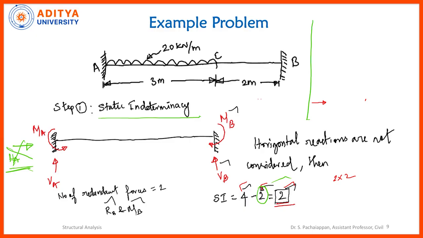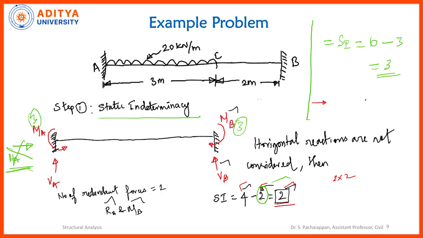To avoid confusion, you consider the horizontal reaction also. So, here 3 forces will be there, and here 3 forces will be there. What is the degree of static indeterminacy? Static indeterminacy is equal to the number of unknown forces, 6, minus the number of equilibrium equations, 3, so it will become 3.